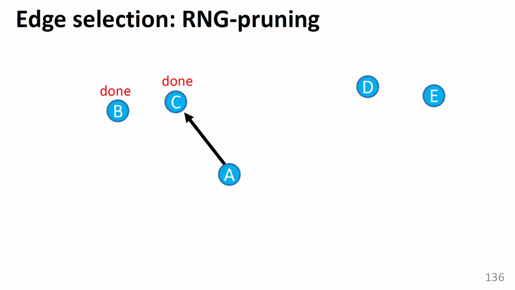So we don't need to create an edge between A and B. Because the distance between B and C is short, we suppose they already have an edge, so we can go from A to C, and C can reach B. We assume that, so we don't need to make an edge from A to B. So that's the intuitive idea of why we discard the edge between A and B. Any problem?